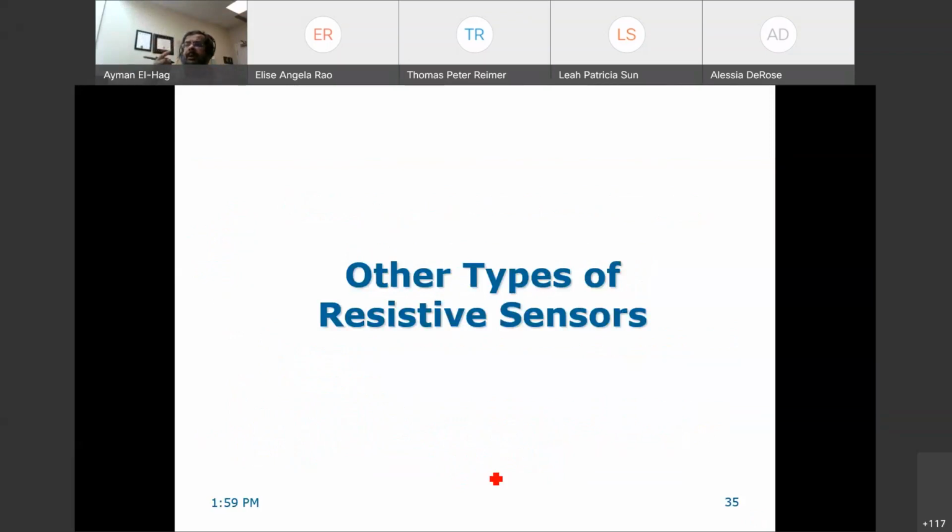Now, strain gauge and load cell, what they are basically, they are resistive sensors. What do we mean by resistive sensor? It means the following: we are changing the physical phenomena into resistance. Now, this is basically how the strain gauge works and how the load cell works.